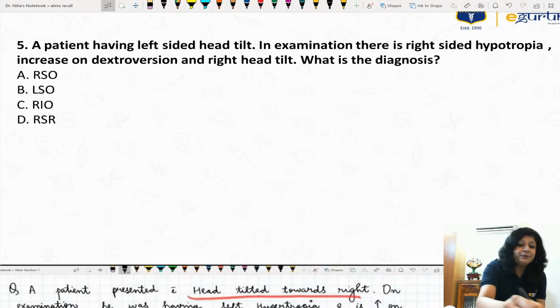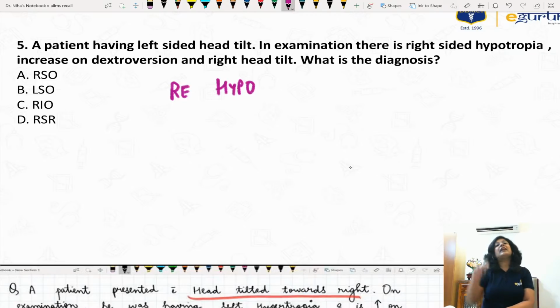Okay, so what can be the condition? If it is a right-sided hypotropia, what I told you, either it is the right eye hypotropia or it can be the left eye hypertropia. That is why we are having the relative hypo.